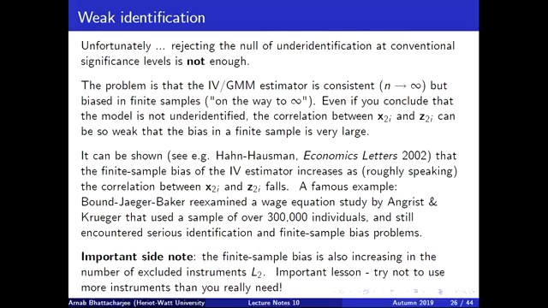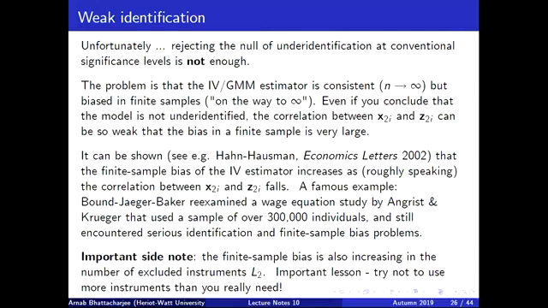If Z is not correlated with X, if these Z are the excluded instruments, they are not sufficiently correlated with the endogenous variables, then of course the bias of the IV estimator will increase, and that is precisely the problem, right? IV has a bias, and this bias will increase if you do not have strong identification.